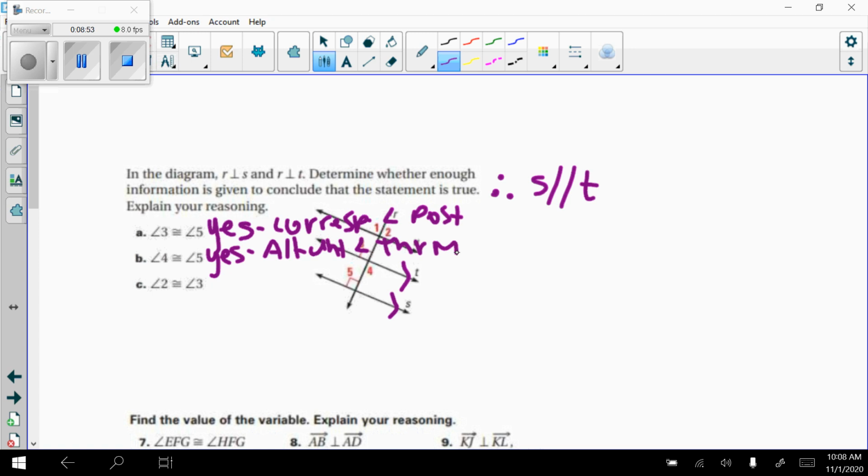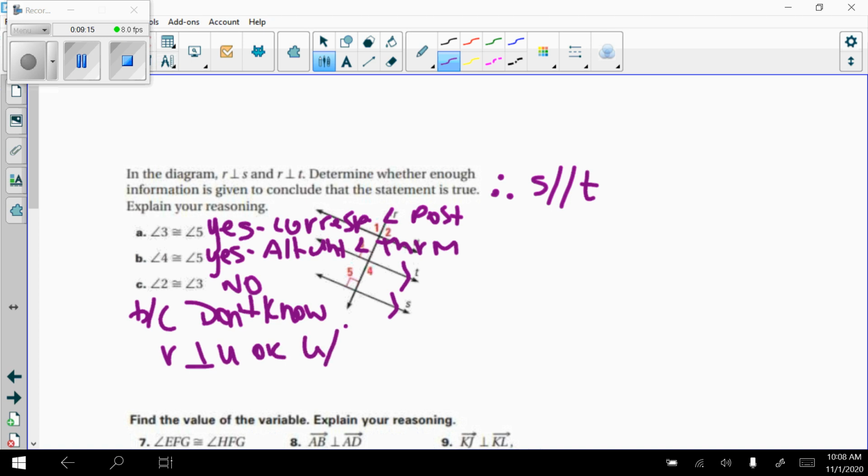It's not marked, and they did not tell us that. So therefore, I don't know that those make any special angles, so I would say no, not enough information given because we don't know that R is perpendicular to U or that U is parallel to T. Okay.